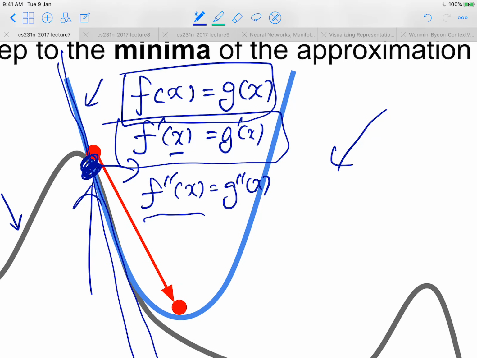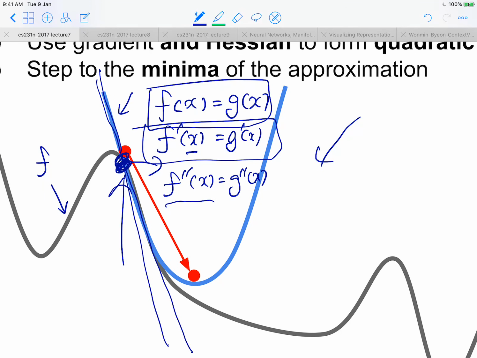So at this particular point, we can suppose that the approximated graph is represented as this blue line. Because we assume that the entire graph is like that, in the case of this second order curve, we can directly compute the minimum possible point, the minimum point in terms of the function value.